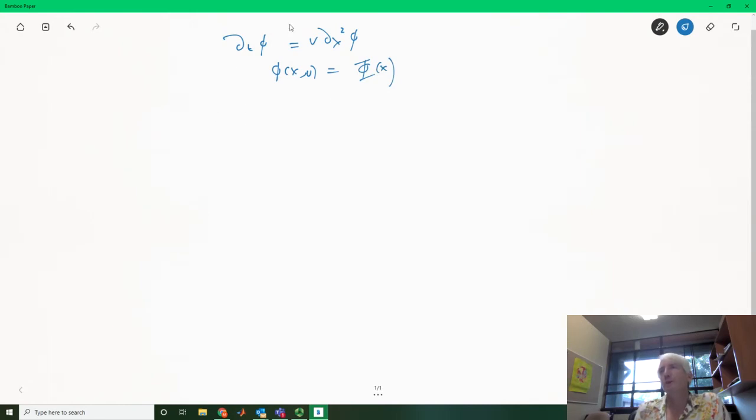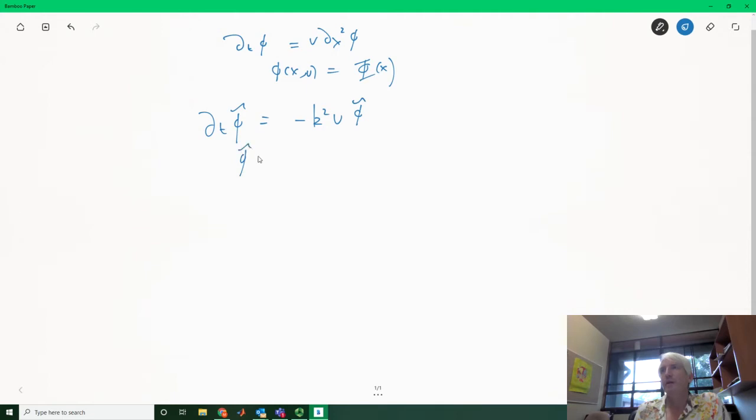And we can solve this by taking the Fourier transform. So in Fourier space we get dt of phi hat is equal to minus k squared nu phi hat.